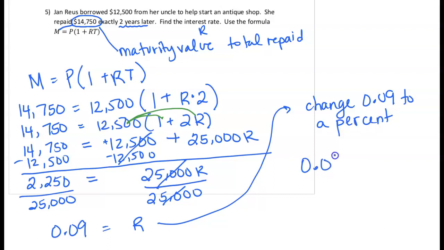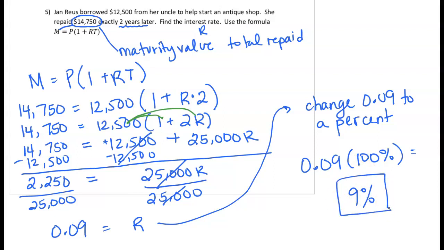So 0.09 times 100%. So remember, 100% is just a fancy way to write 1. So you're really multiplying by 1, but using the percent label. And you should get 9% as our rate. And that is the end of section 4.3.